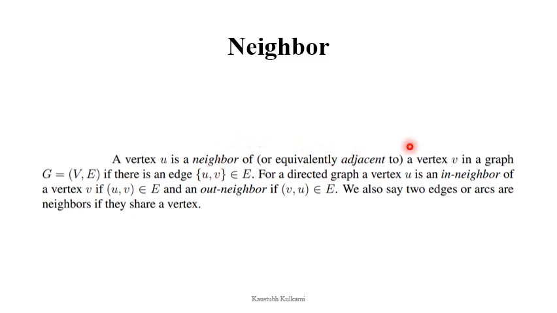For a directed graph, U is an in neighbor if the edge UV goes from U to V. Imagine that you are standing at V and there is an edge coming towards you from U. So you can say U is an in neighbor of V. And U is an out neighbor if the edge is VU, that is, if the edge goes from V to U. We also say two edges or arcs are neighbors if they share a vertex.